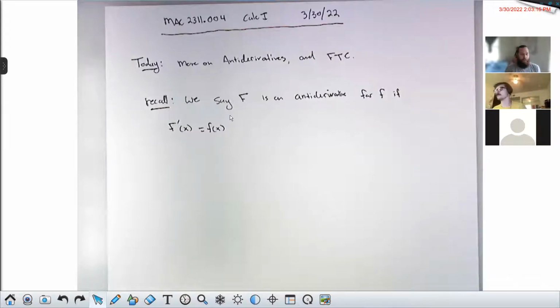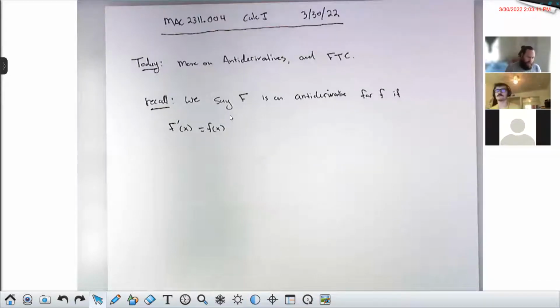Many functions out there we can differentiate in the normal sense, but we cannot anti-differentiate. So taking an antiderivative from a global perspective is actually much harder than taking a derivative. That's a fact that will slowly become more and more apparent to you as we go through the procedures.